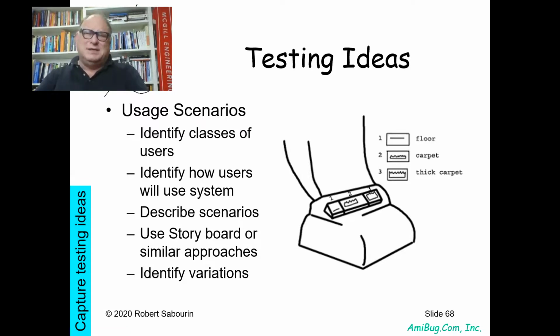Usage scenario test ideas basically are ideas where you study, can the user do their job? So when you're doing testing around usage scenarios, you're not modeling the software to see if the software can do what it's supposed to do. You're modeling the user to see if the user can use the software to get their job done. So this is a real cool thing.